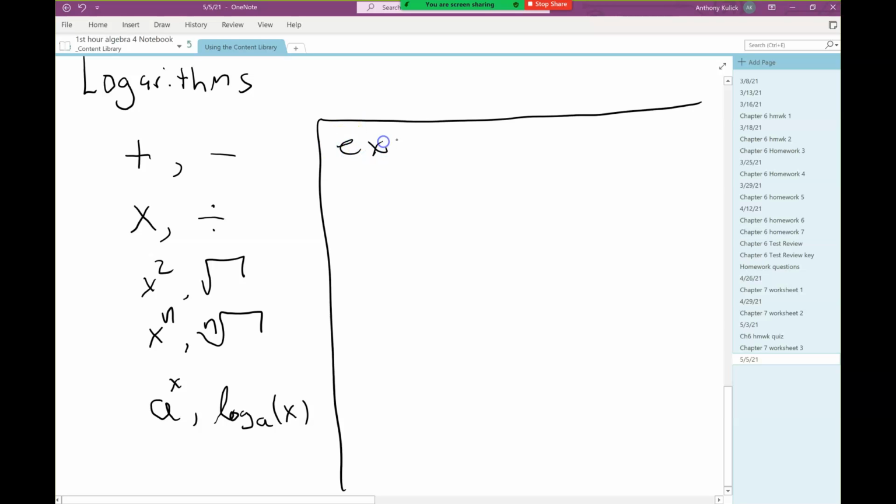So let me show you the motivation for what's going on here. I know that 2 squared is 4, and I know 2 to the third is 8. But what power of 2 is going to give me, say, 6?